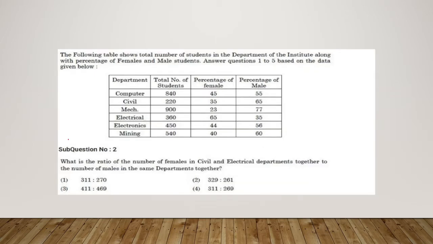Next question: what is the ratio of the number of females in civil and electrical departments together? Here again it is a ratio. Here civil and electrical, again it is also female.